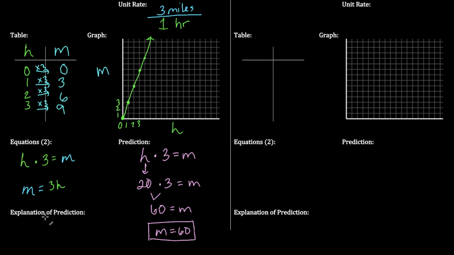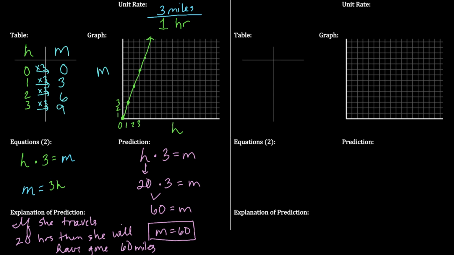So our prediction. So if she travels 20 hours, then she will have gone 60 miles.